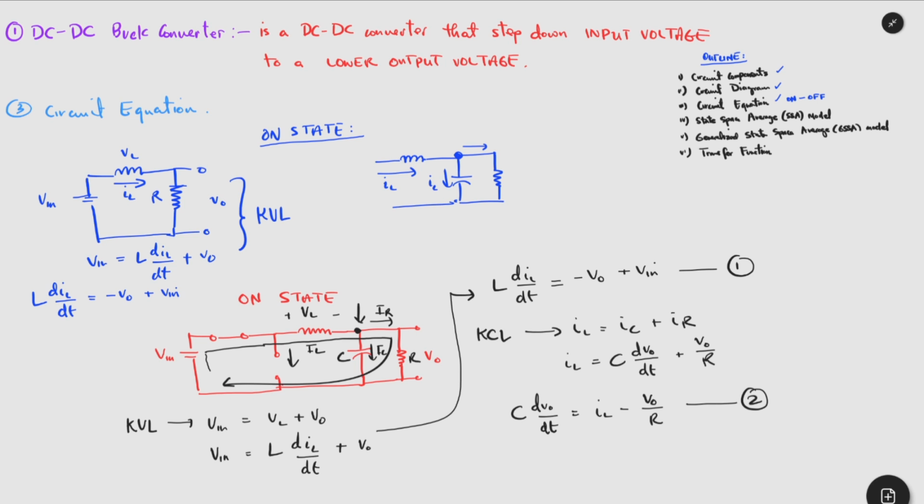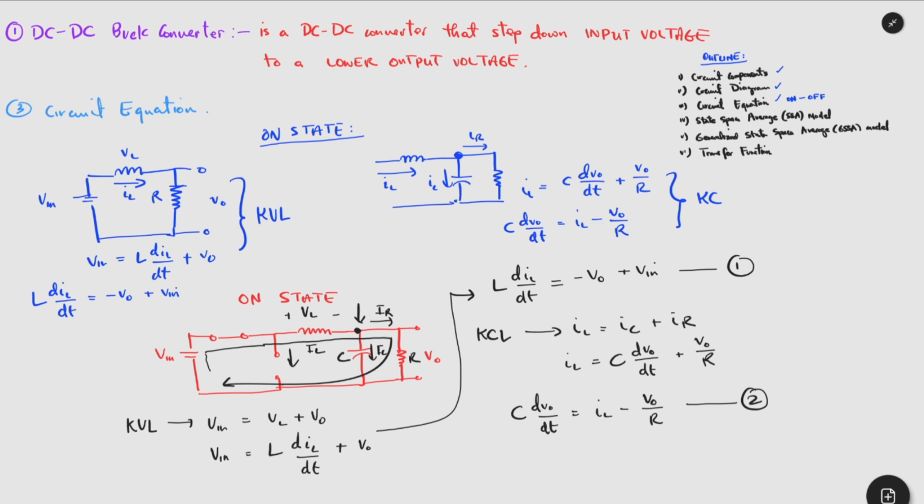From this node we now have the IR, and the final equation becomes IL, which is the input, equals C dV0 on dt plus V0 on R, and we now make C dV0 on dt equivalent to IL minus V0 on R when we transpose the formula.